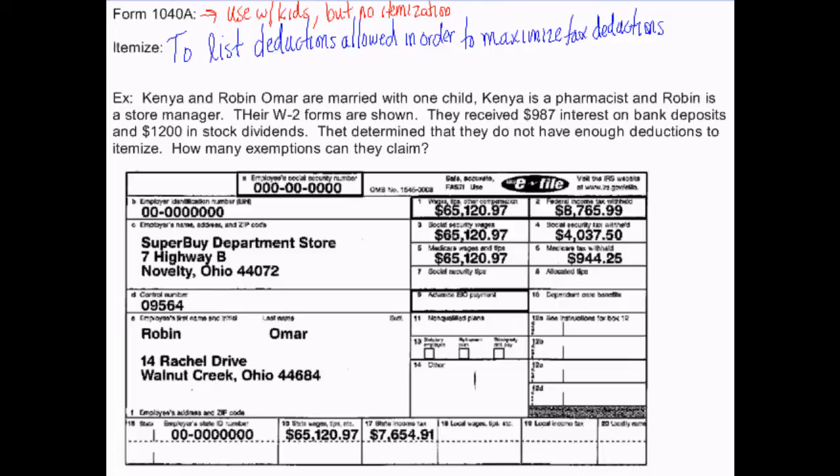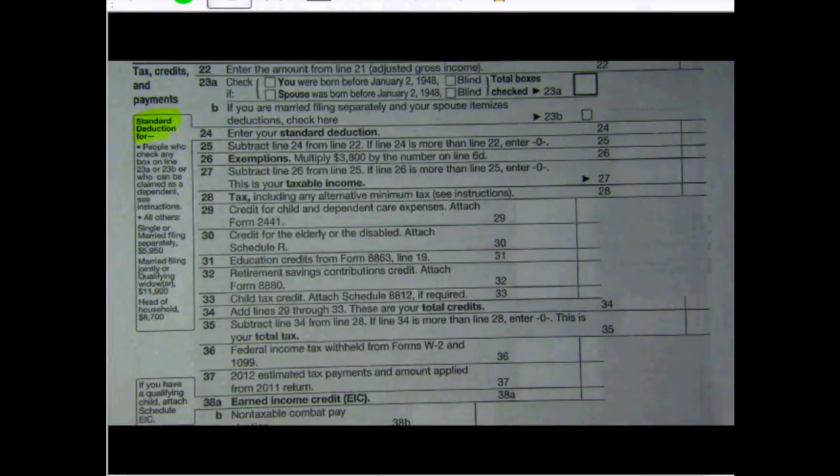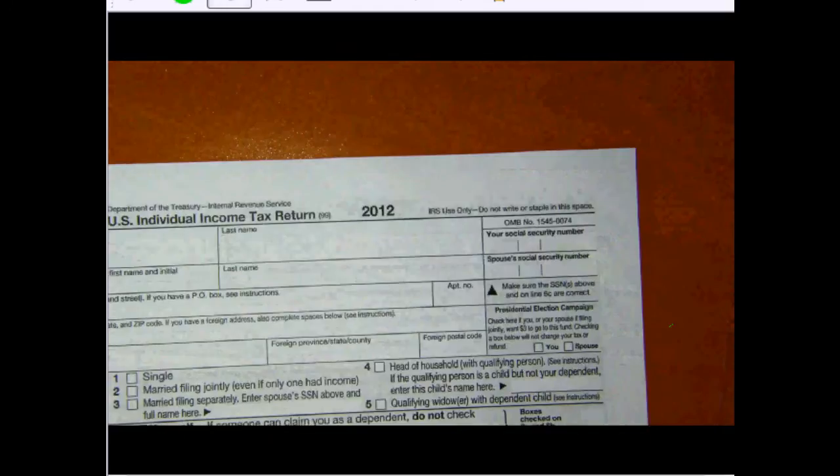So when you don't have enough items to itemize, but you do have a kid, you fill out the 1040A.